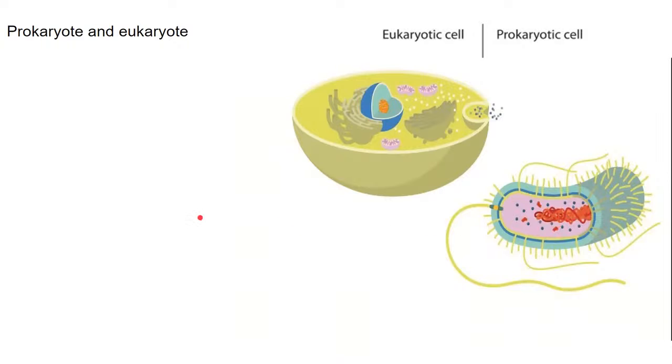So one key thing that you need to understand over here is that the essential difference between pro and eukaryotes is that prokaryotes will not have internal cell membranes. There is no internal cell membrane. So any organelle which has membranes will not be present in the prokaryote, right? DNA does not have a membrane.